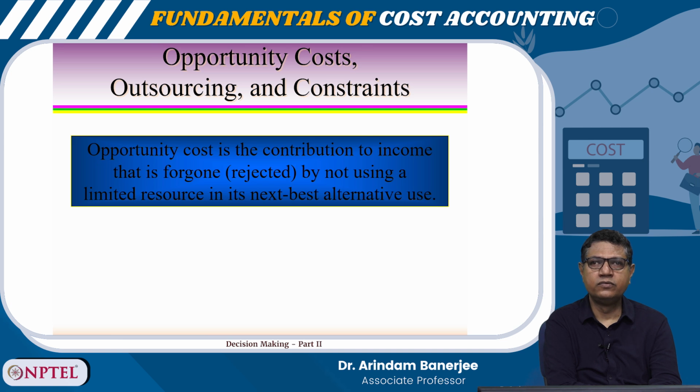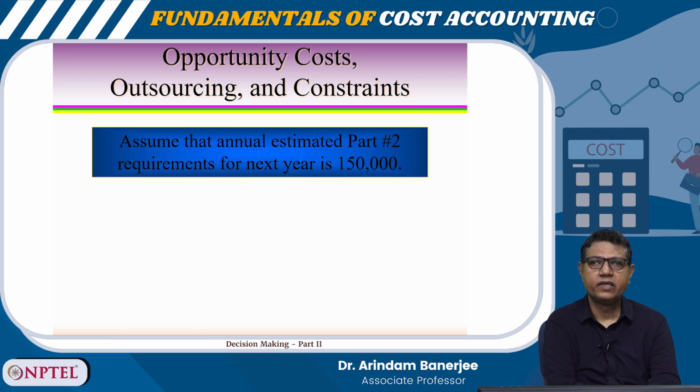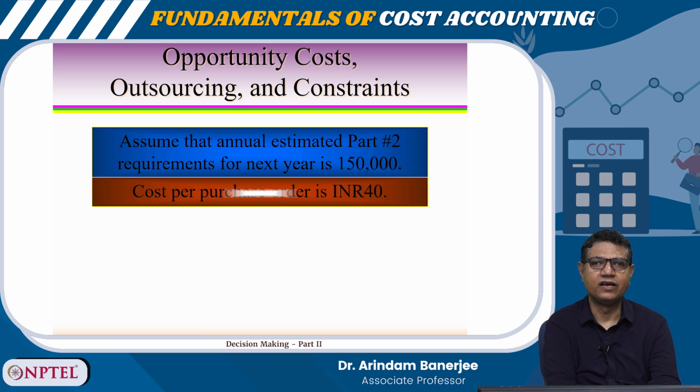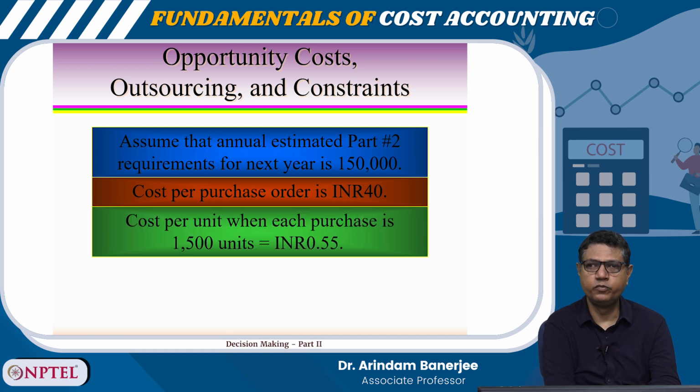Now, this opportunity cost is the contribution to income that is foregone by not using the limited resource in the next alternative use. Now, assume that the annual estimated Part 2 requirement for next year is 1,50,000. So, cost per purchase order: if it purchases, the cost per purchase order is 40 rupees.